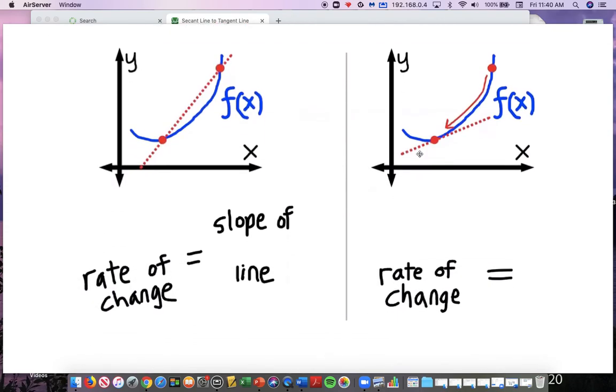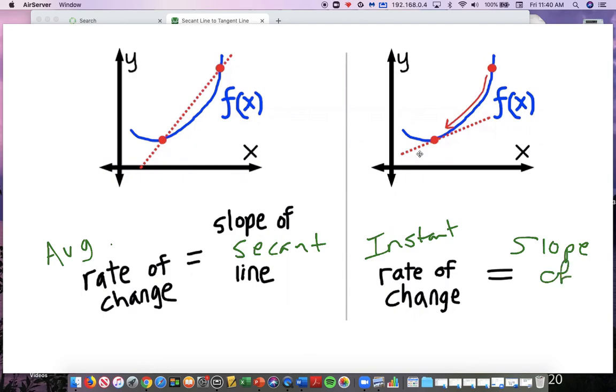So the rate of change, and really what I'm talking about over here is the average rate of change, is the slope of a secant line. The instantaneous rate of change is the slope of a tangent line.